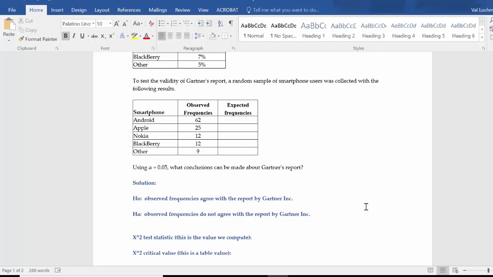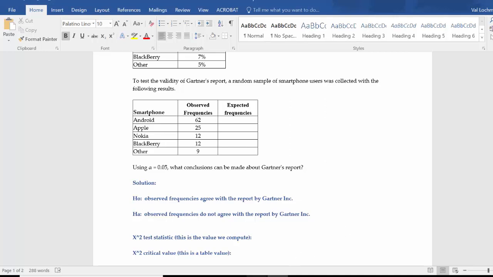Okay, so what we're going to do next is use our Excel file to come up with the chi-square test statistic. Just like with hypothesis testing where we used the z-test statistic or t-test statistic, in this case we'll be using a different distribution function, called the chi-square distribution.